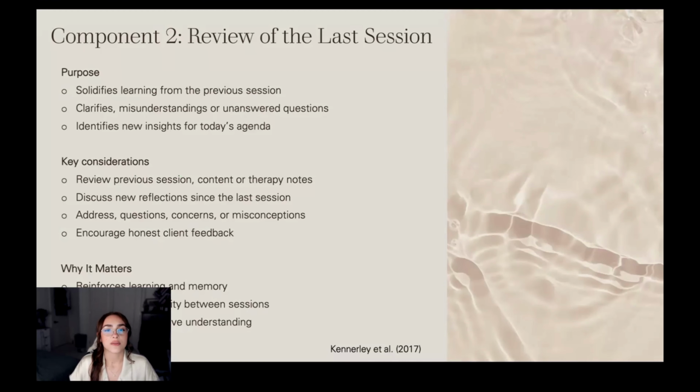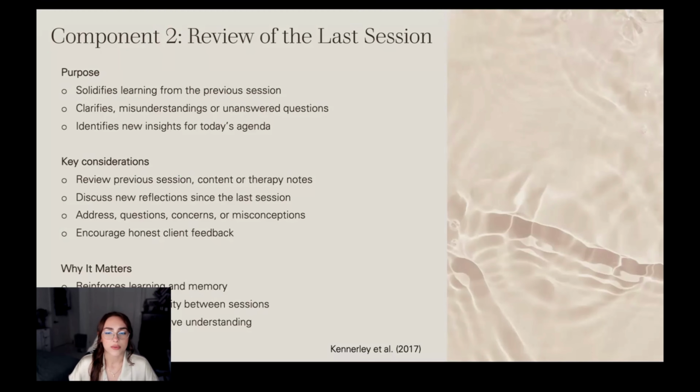The second agenda component involves reviewing what happened in the previous therapy session. This review allows both the counselor and client to consolidate what was learned, clarify any misunderstandings, and identify new insights that may have emerged since the last meeting. A counselor might ask, "What stood out to you after reflecting on last week's session?"